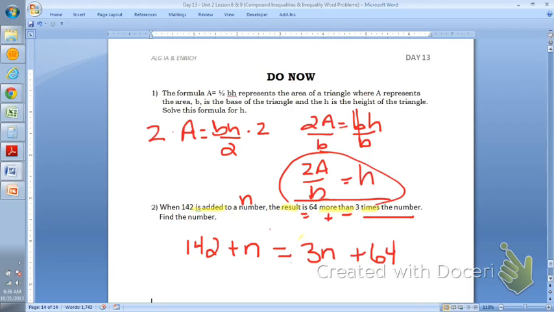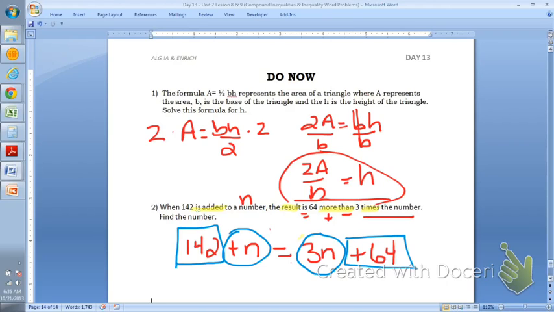Now we can finish solving the equation to find out what our mystery number is. I don't see any complex fractions, so I don't need to cross multiply. I don't see any parentheses. I don't need to distribute. So we're ready to identify our terms. You have a constant, a variable term, and a constant.